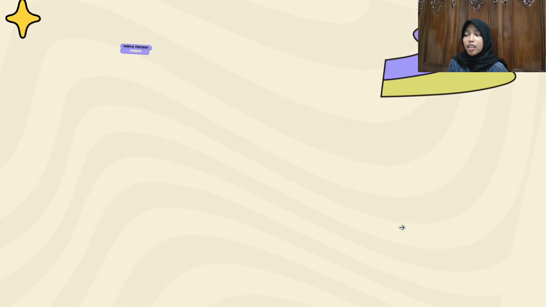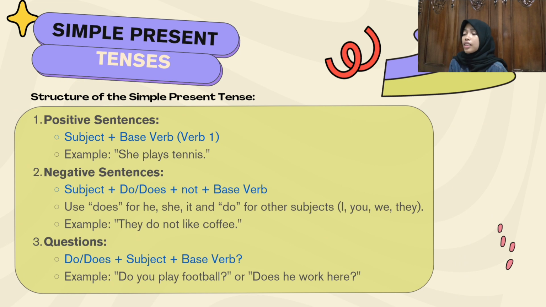Okay, next. In simple present tense, we have a structure for positive sentences: subject plus base verb. For example, she plays tennis. Subject is she and base verb is plays. And then in negative sentences, we have subject plus do or does not, plus base verb.